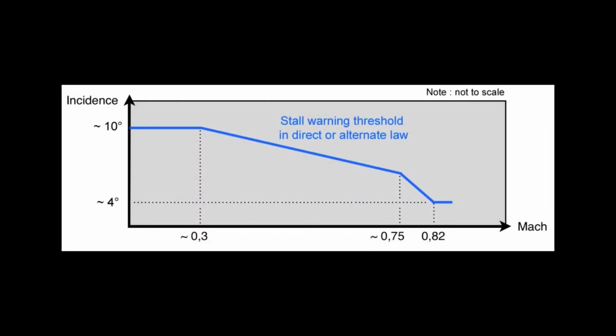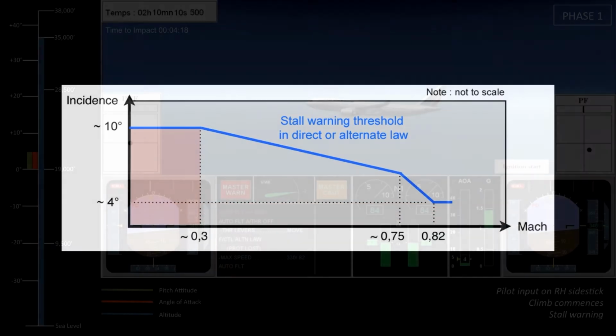This graph pictorially represents the relationship between Mach number and the stall warning threshold. At Mach 0.82, the stall warning will be triggered as an angle of attack approaches 4 degrees. With the pitots being blocked, the aircraft now erroneously believes it's flying at 0.3, and for this Mach number, the same stall warning will be triggered only as the aircraft approaches an angle of attack of about 10 degrees.